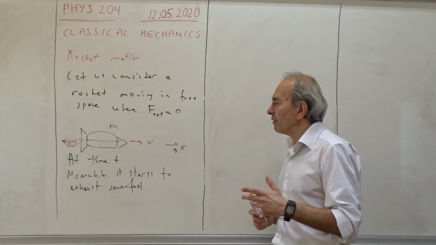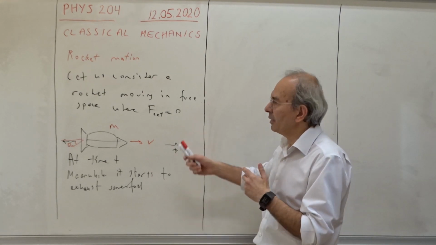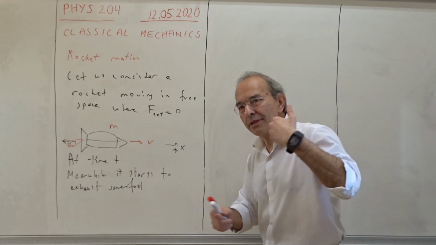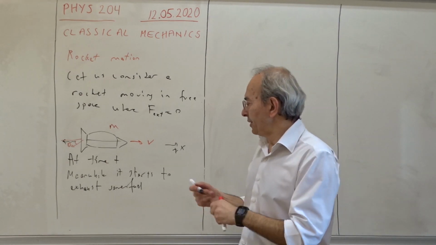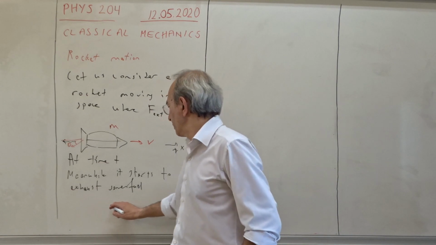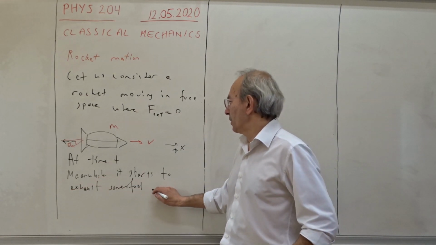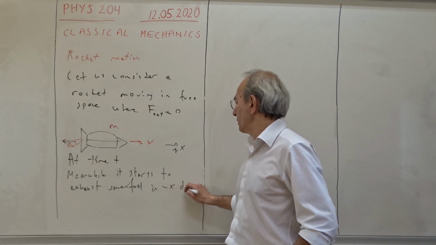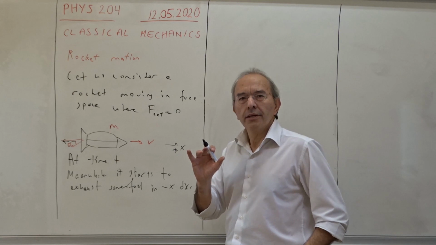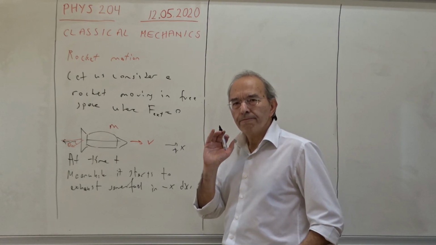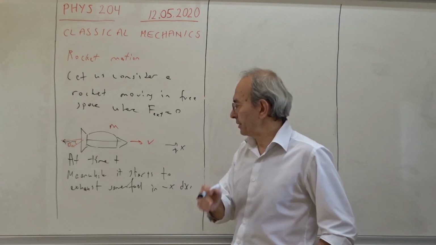All right. Now we will compare the two linear momenta, at time t and at a time a bit later, t plus dt. Meanwhile, it starts to exhaust some fuel in the minus x direction. But let's write the mass of the fuel and its velocity with respect to the rocket. These are the important parameters.